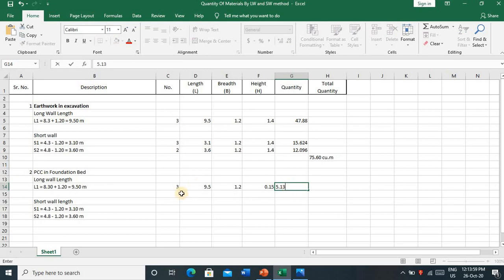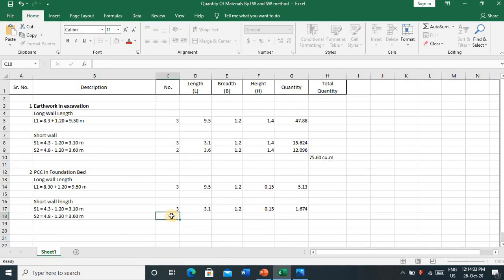For short wall 1 numbers were 3, length will be this 3.10, width 1.2, height again 0.15 same, and your answer is 1.674.